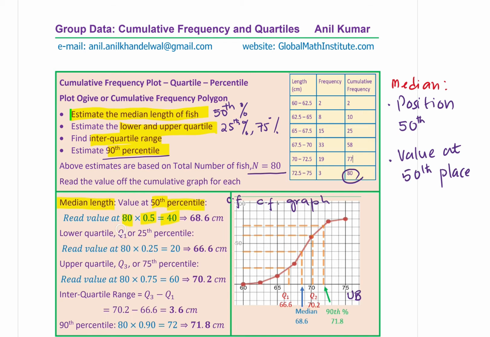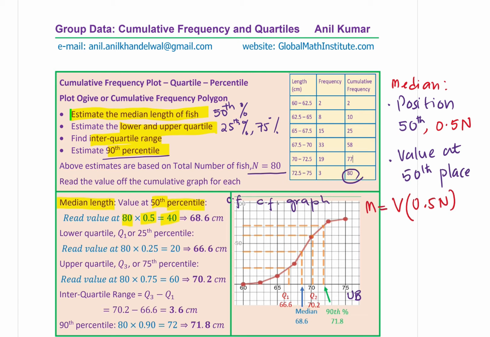So, multiplying the total number n by 50 percent, you get the 50th position as 0.5 times n. The value at this position gives you the median. You get the idea, right? So median is the value at the given position. Let me write it like this.